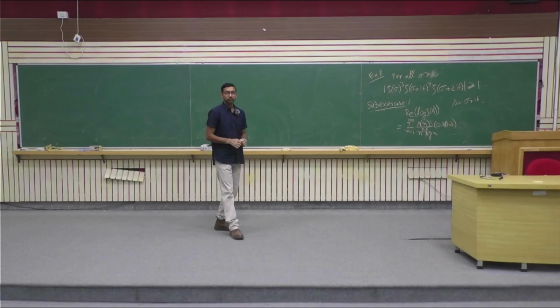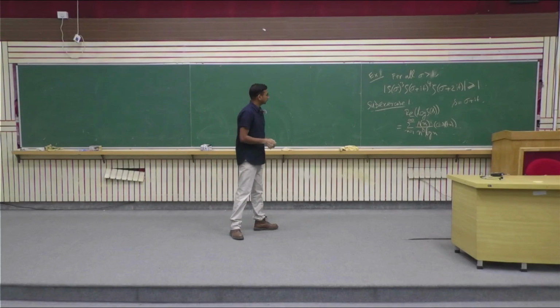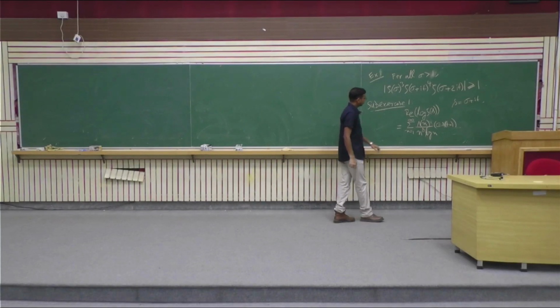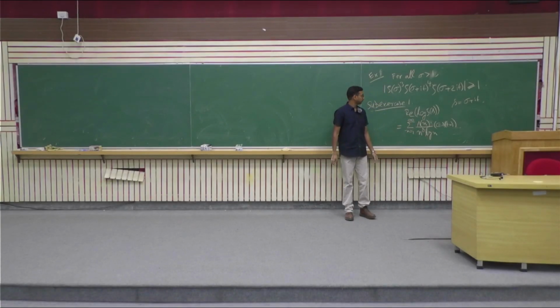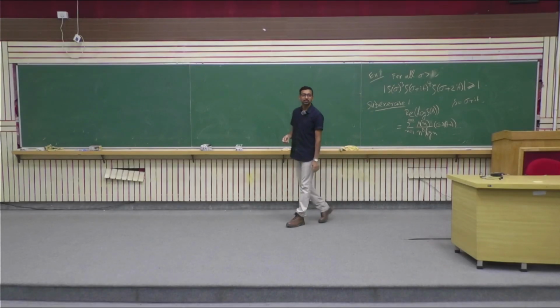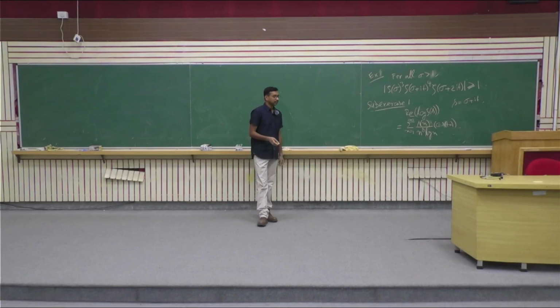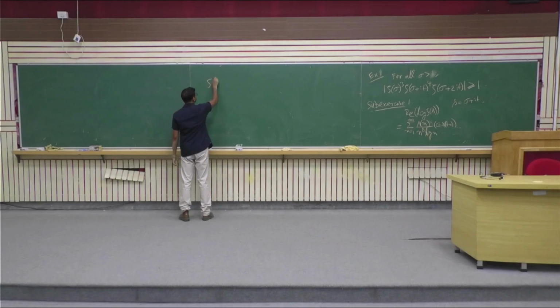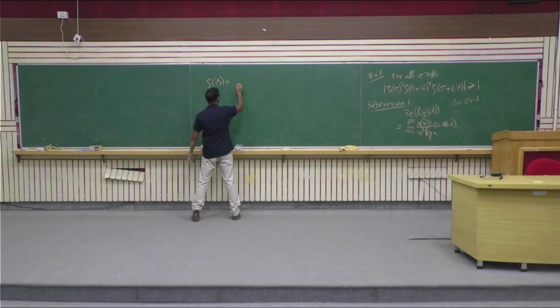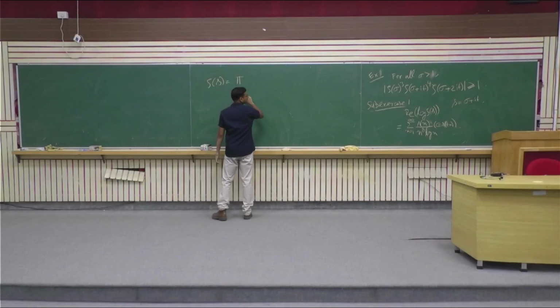So how far are you? Did you already get some series for log zeta s? We used log zeta s also earlier, right, for showing that the summation of 1 by p diverges. And there we started with the Euler decomposition of this.